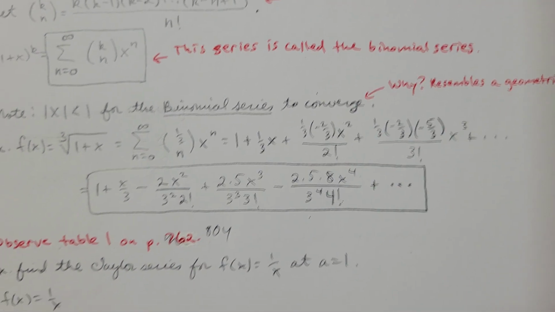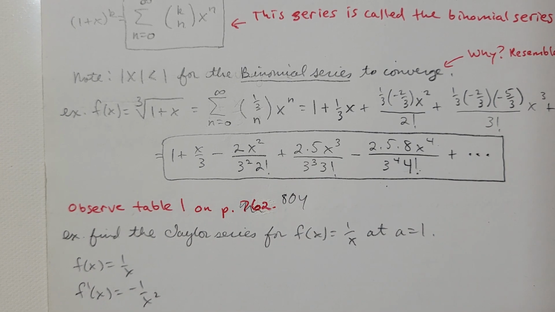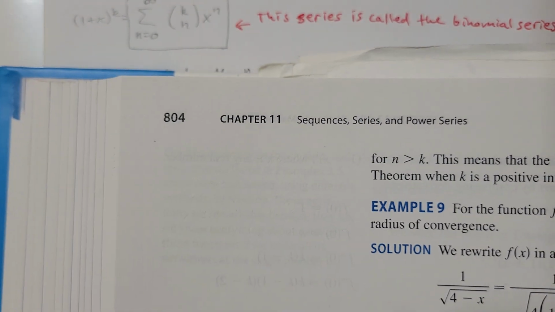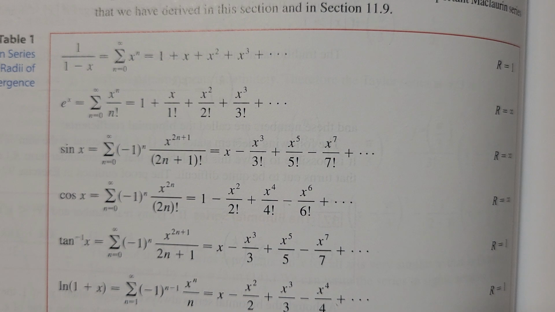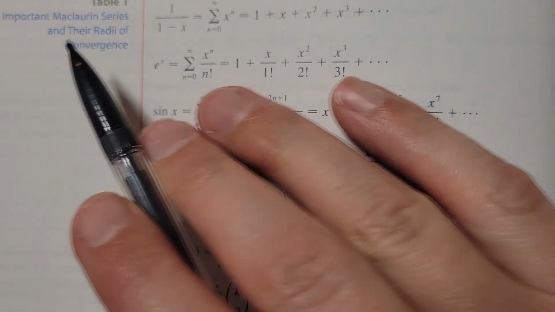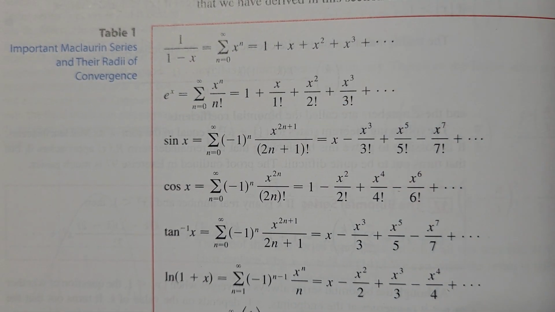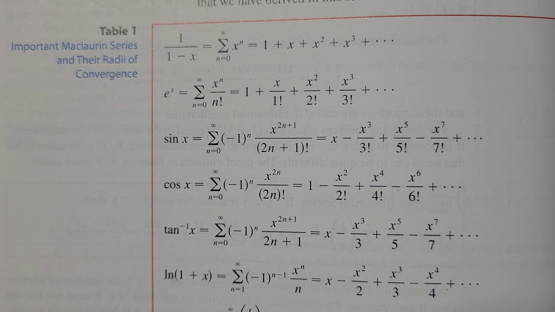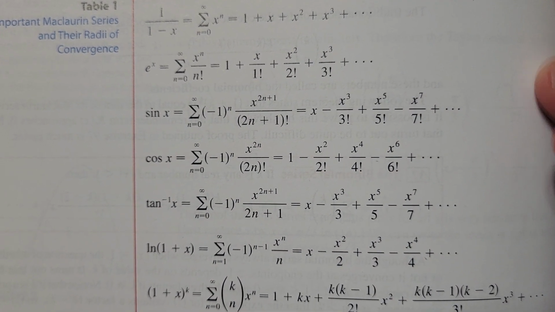Now it says observe table 1 on page 804. Just to point this out, here's page 804 in the book, and on page 804 we have a table of Maclaurin series. These are important Maclaurin series and their radii of convergence. These are all series that we've done.